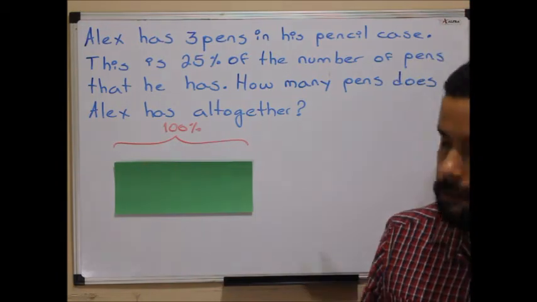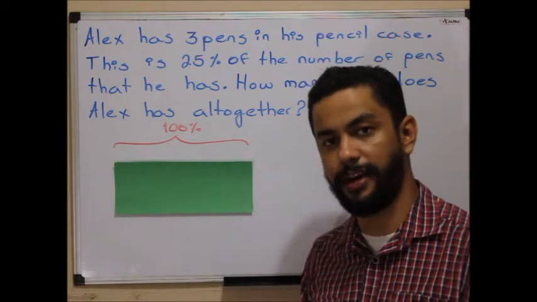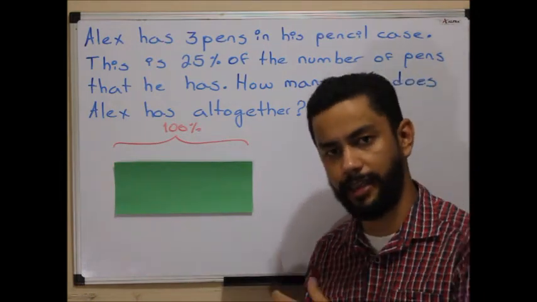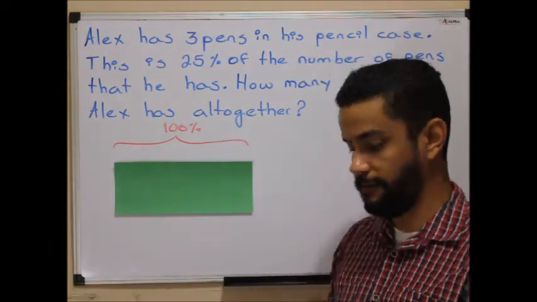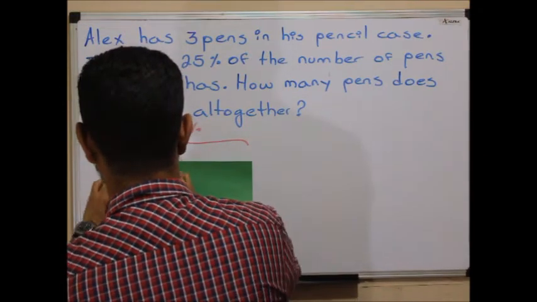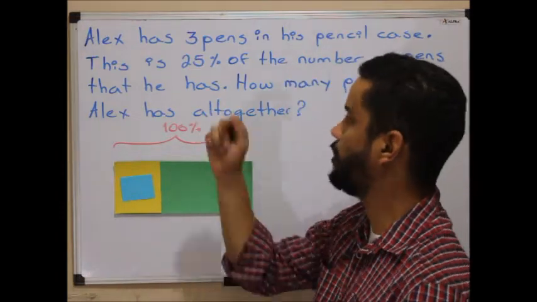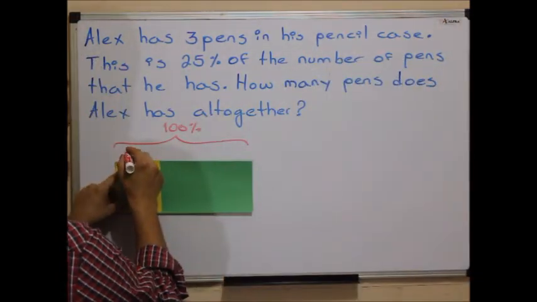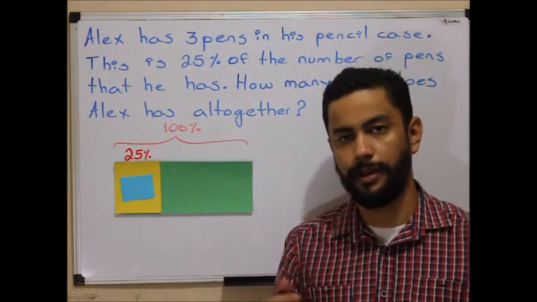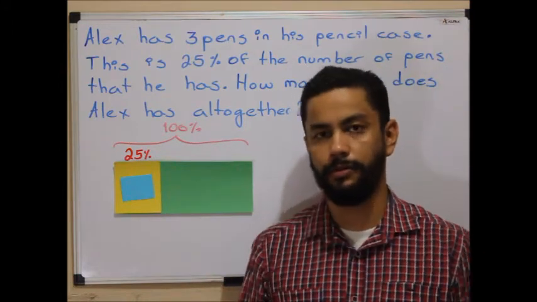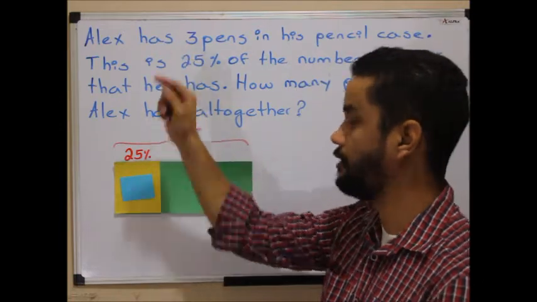Now, this 25. We're going to represent that 25 with another square that in this case will be a yellow one. And that part is 25%. Now, we know how many pens are 25%, right? There are 3.